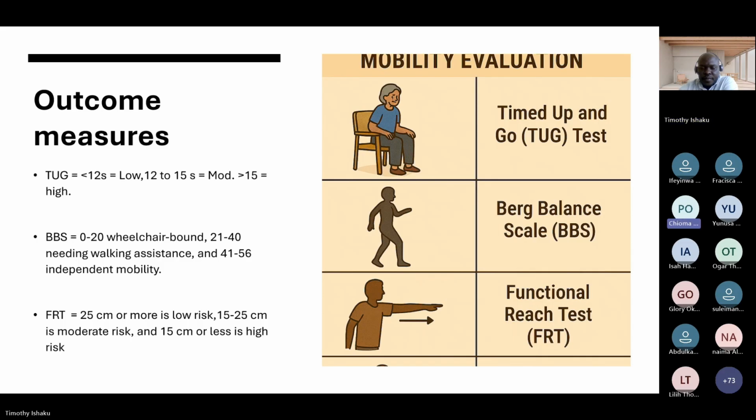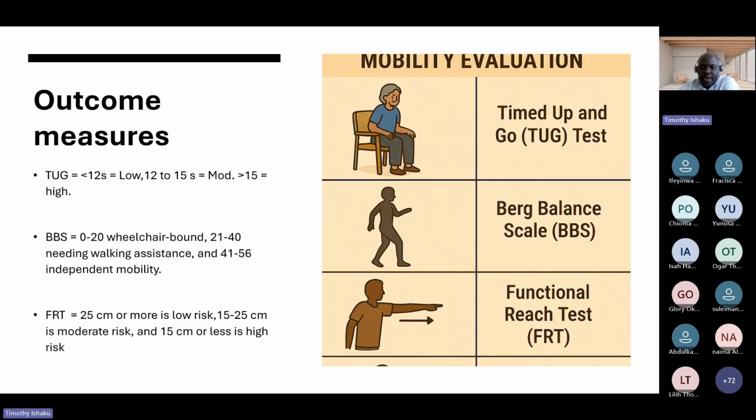For the test, you put a seat at one end and measure 3 meters from that chair to the other end. Then with your timer, when you say go, the patient should stand up from the chair, move to that point and come back to the chair. You calculate how many seconds it took the patient to get back to the seat and sit down. Thank you.